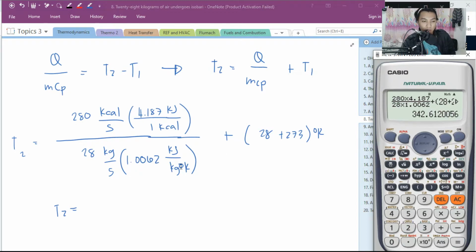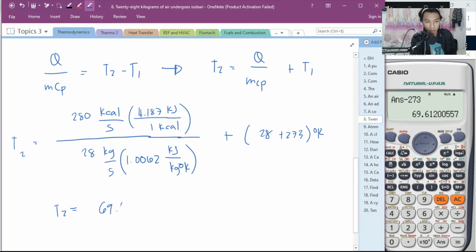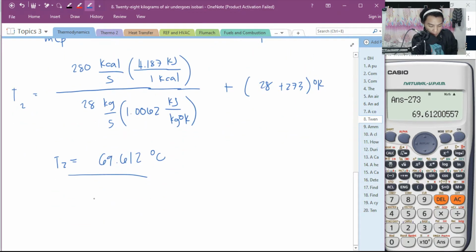That is in what? Kelvin. O di minus ka na lang ng 273 para makuha mo yung degree Celsius. 69.612 degree Celsius. That is T2. Ngayon hahanapin mo naman si work non-flow.